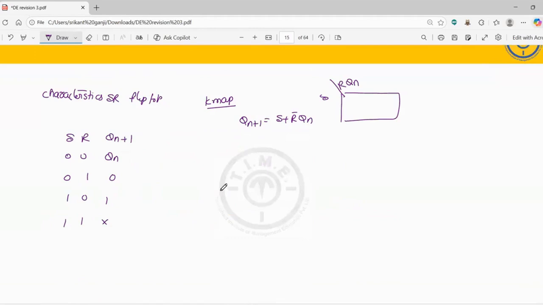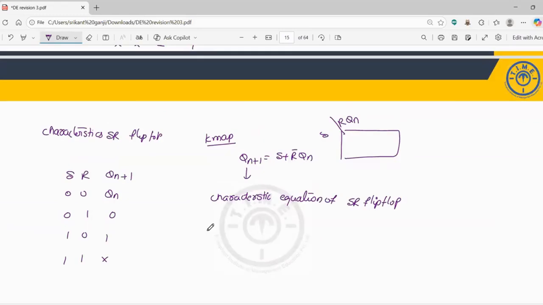Whether we have to remember this equation? Yes, sir. This is called the characteristic equation of the SR flip flop. Like that, you can develop the SR flip flop.